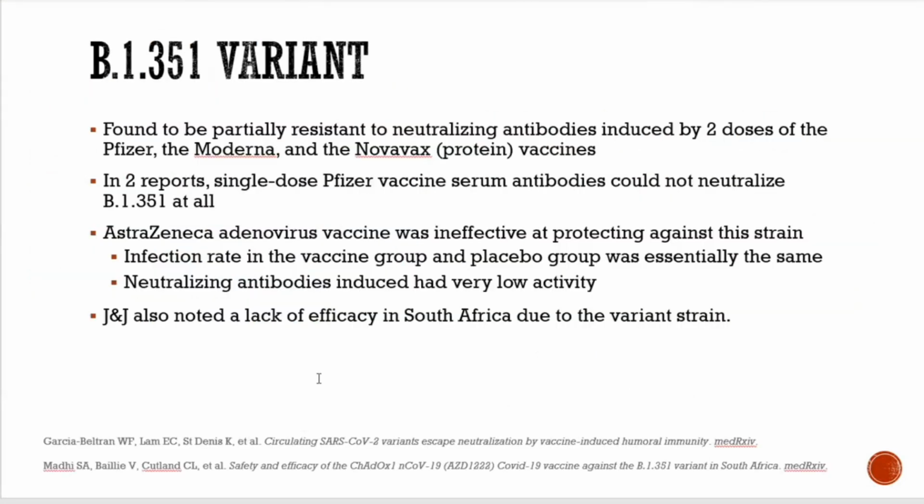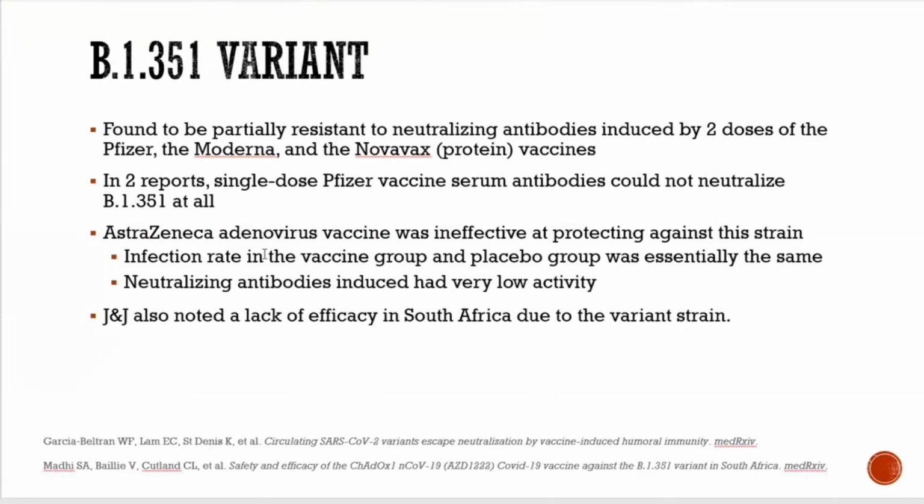All right, so a little bit more about this B.1.351 variant. We already have studies, like I mentioned. It's found to be partially resistant to neutralizing antibodies induced by 2 doses of the Pfizer, Moderna, and Novavax vaccines. So there are already studies here. At least two reports have shown that a single dose Pfizer vaccine could not neutralize B.1.351 at all.